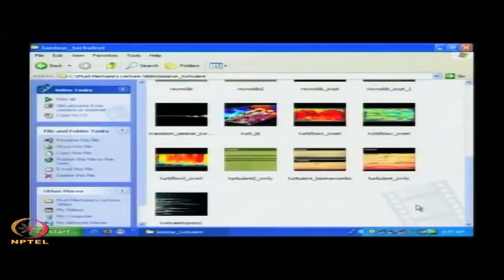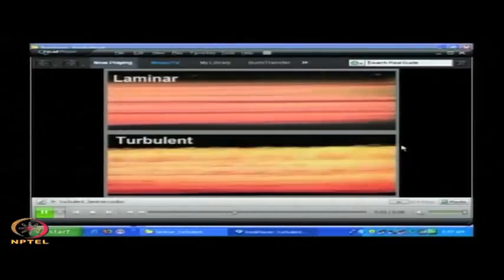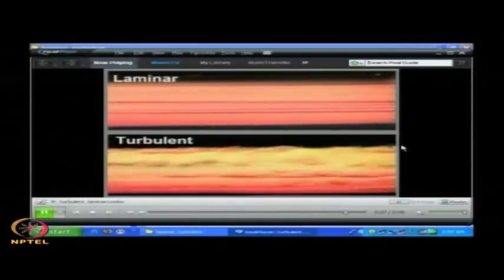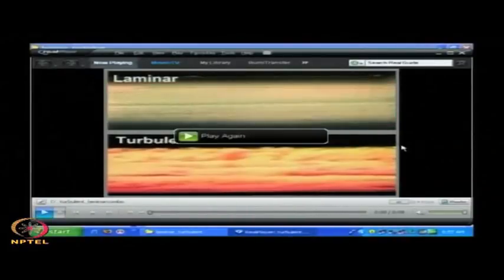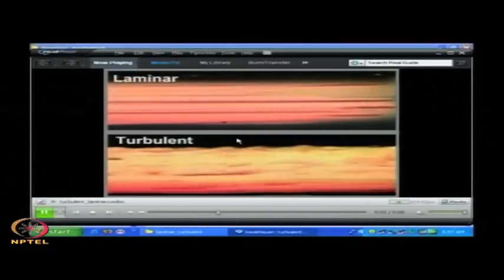So if you have a laminar flow and if you have a turbulent flow, the characteristics are somewhat different, and let us look into an overlay of the laminar and turbulent flow to appreciate that. Just try to develop this qualitative picture, because any mathematical description should not be devoid of the physical and qualitative picture. Let us play it again and see the difference between the laminar and the turbulent.